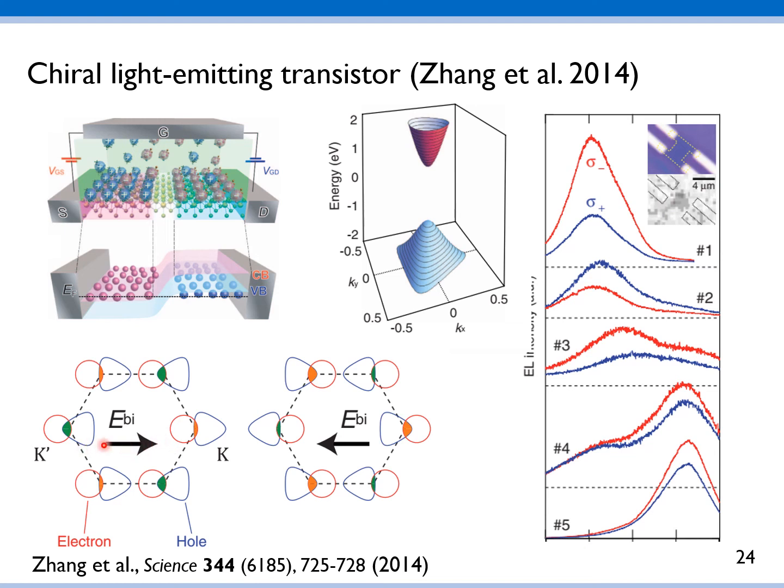So you can see in this particular image, the overlap is bigger at the K prime point, and so we expect more recombination there. And if we apply the electric field in the other direction, the overlap is bigger at the K point. So that is the mechanism they think they got this circular polarization from.